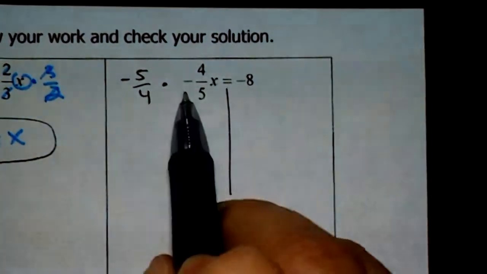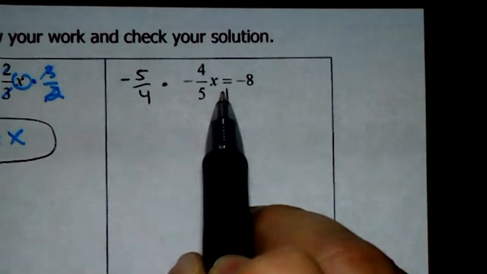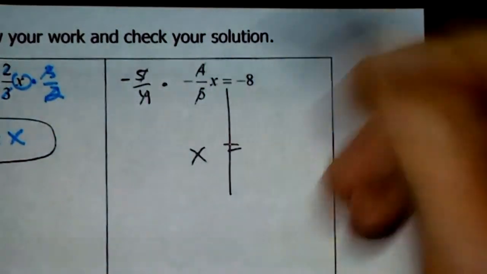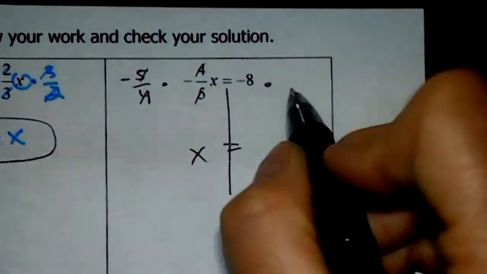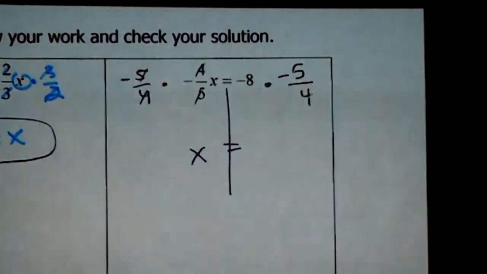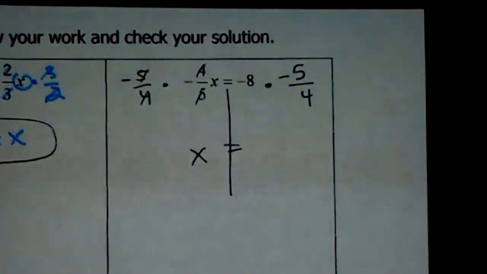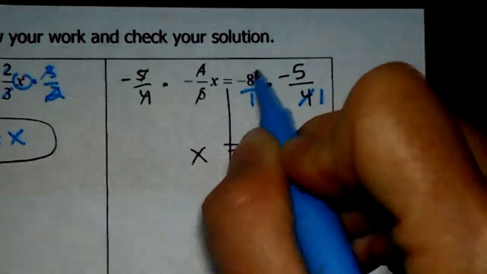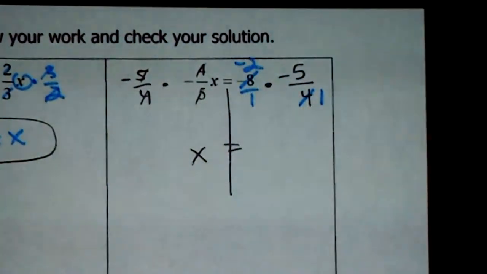Because a negative times a negative is a positive, and that's how I'm left with a positive 1x. Those would cancel. And then if I do that to this side, I need to do it to this side as well. So -8 times -5/4. Again, I'm going to cross cancel. It's the way to go. Saves so much time. I see that 4 goes into 4 once. 4 goes into -8, -2 times.